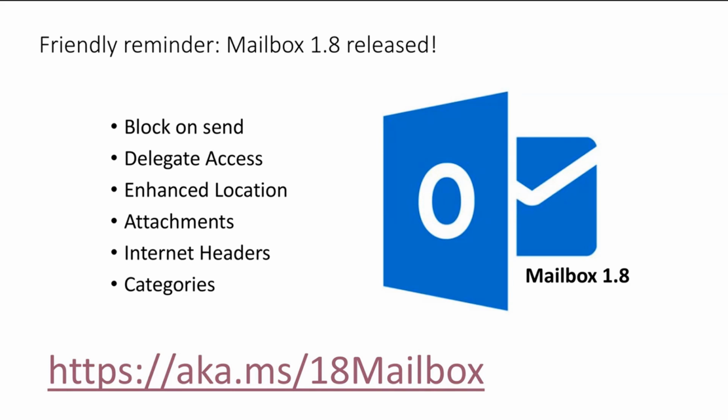We added a bunch of APIs to increment the location and meetings if you want to allocate resources, reserve rooms and stuff. We also added some attachments API, internet headers, and categories. So go to this link.